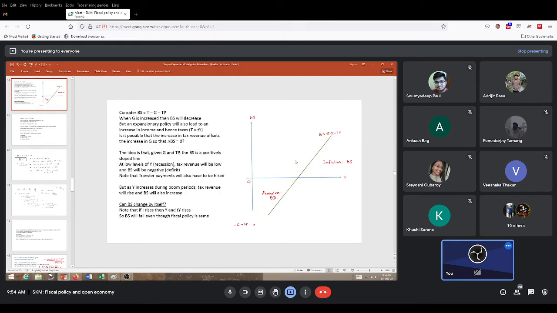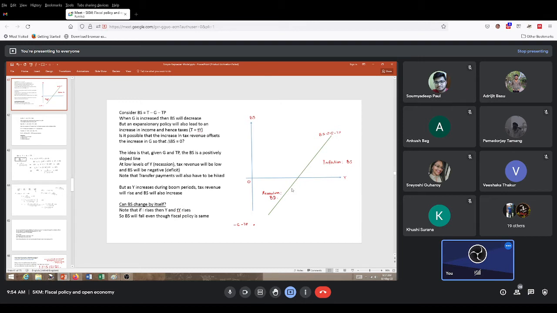Okay, so if you come over here, generally the budget surplus is a positively sloped line if you look at y. If there is inflation or a boom period, y is going to go up, and your taxes are going to rise. Tax revenue is going to rise, so budget surplus will be positive.